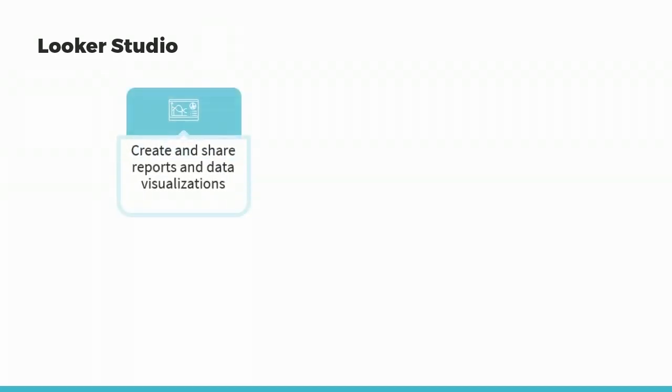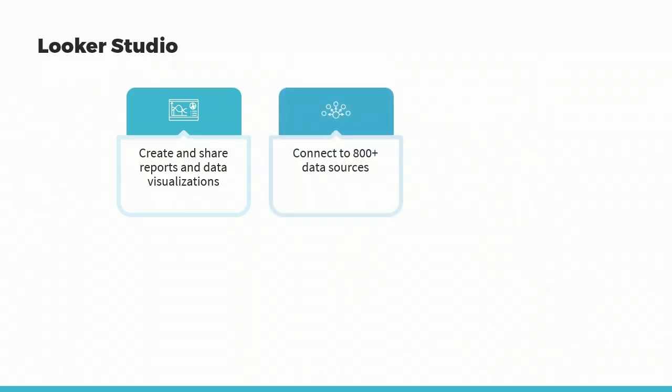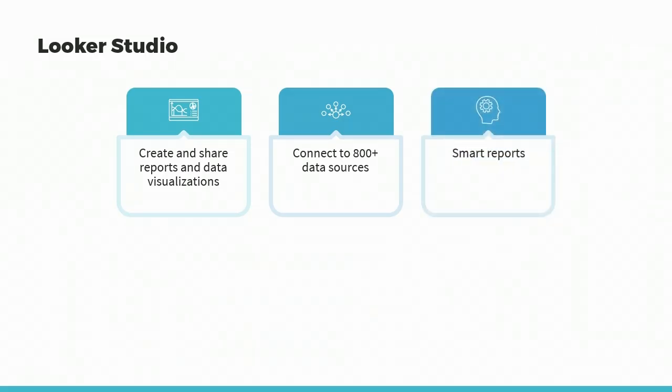Now, Looker Studio is a business intelligence tool that is practically just there to help us make better business decisions. And here's how it works. You can create and share reports and data visualizations. I can connect it to about 800 different data sources, including ones from BigQuery. I can also create what's known as smart reports, where I can power them with an artificial intelligence tool, such as Gemini.